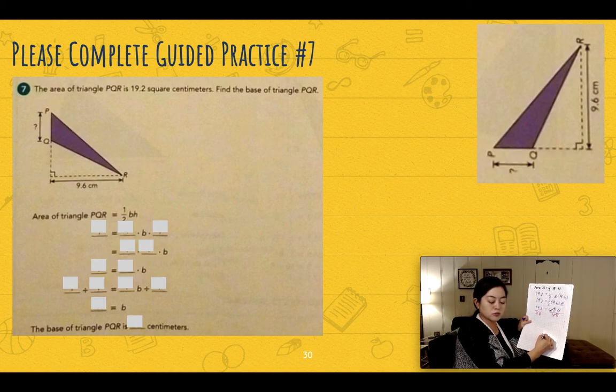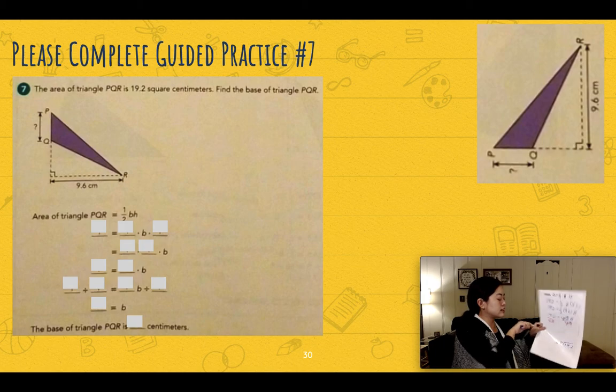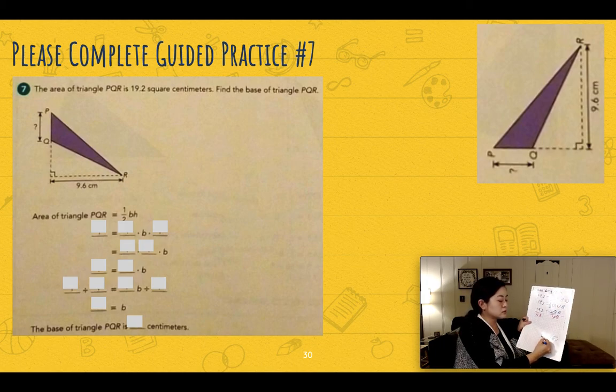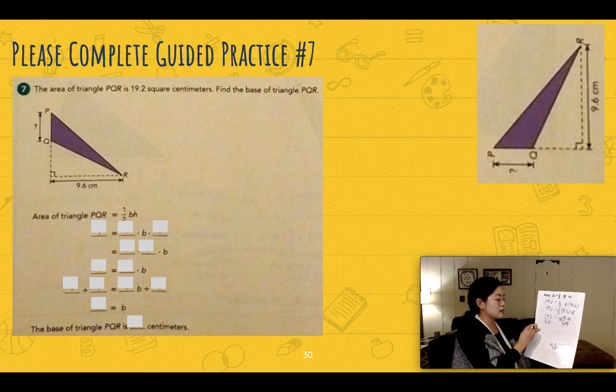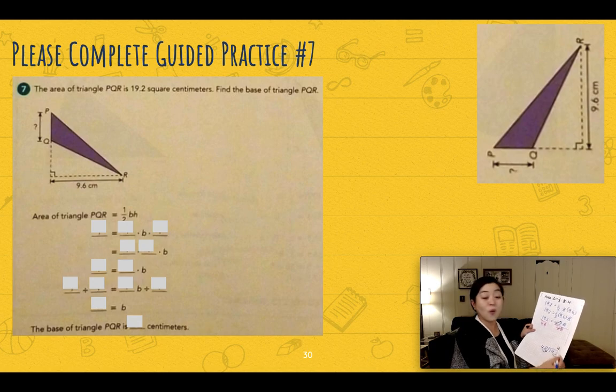Okay, so I'm going to do 4.8 divided by 19.2, but I don't like my divisor when there's a decimal, so I'm going to move my decimal point here. Whatever I do there, I have to do it here. Okay, so it's 192 divided by 48. And actually, this becomes just 4.